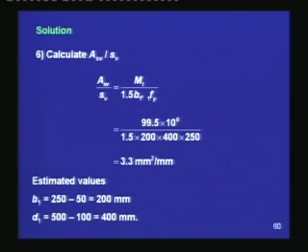We are calculating Asv by Sv from the equivalent moment, and we get Asv by Sv equal to 3.3 millimeter square by millimeter. b1 has been estimated as 250 minus 50 is equal to 200, and d1 has been estimated as 400 millimeters.